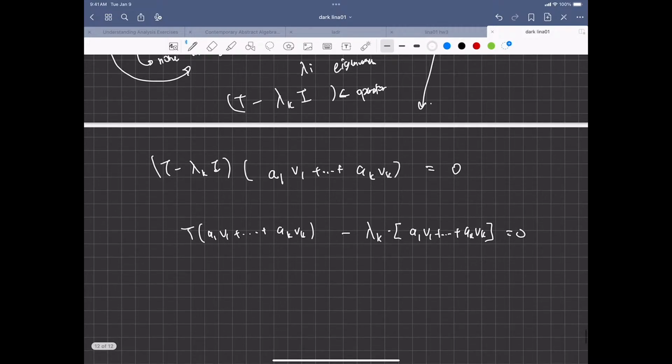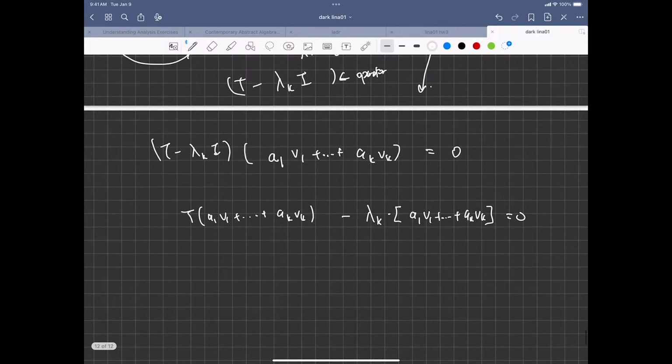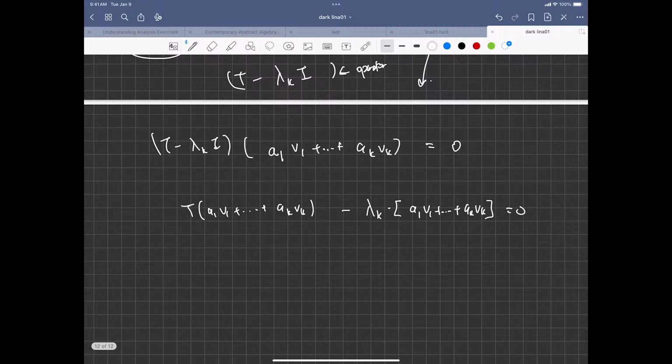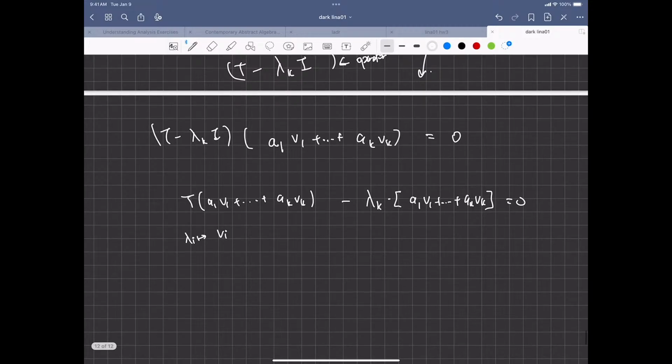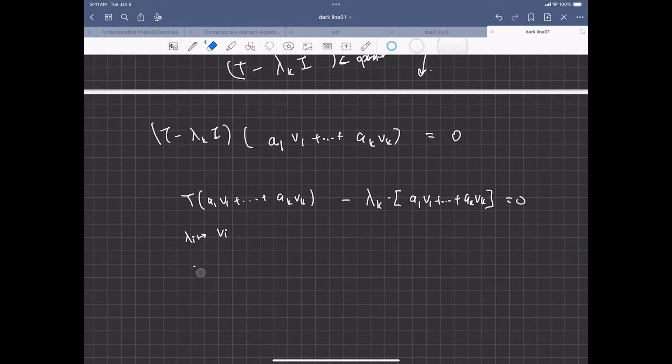Because I, again, is the identity operator. So think of this as first apply the transformation on them, then subtract off the multiplying by lambda k. And recall that each vi is an eigenvector associated with lambda i. So on the left side, t of vi equals lambda i vi.